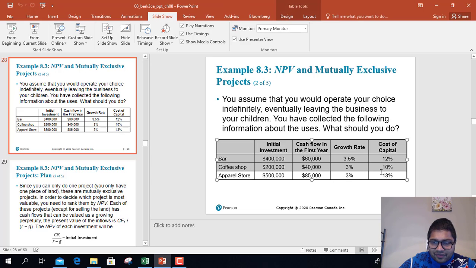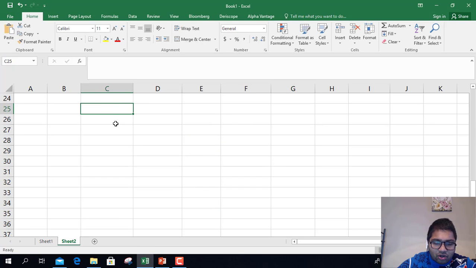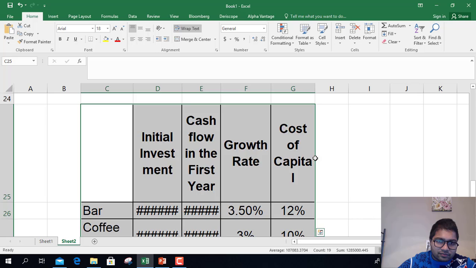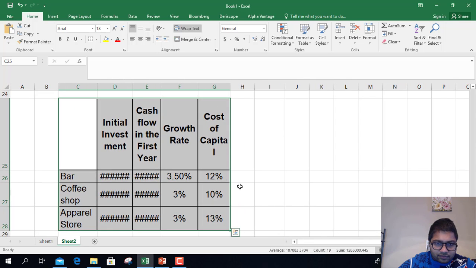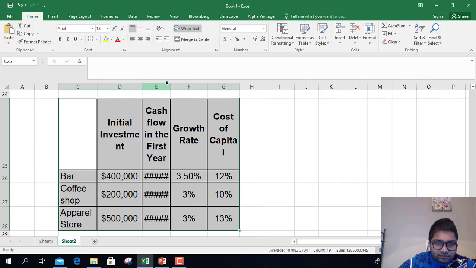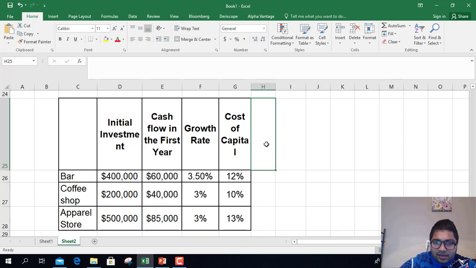It doesn't have a time element. So how do you solve NPV when the time element is not there? They have given options like this: bar, coffee and apparel, with initial investment, cash flow, growth rate and cost of capital.